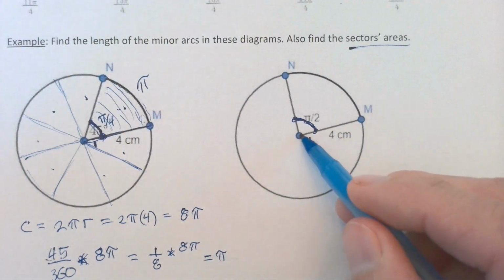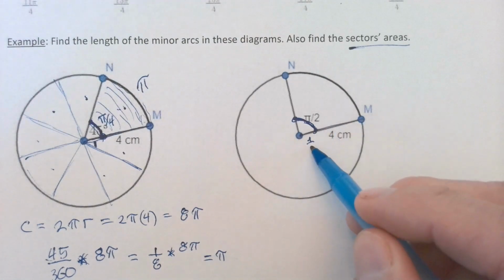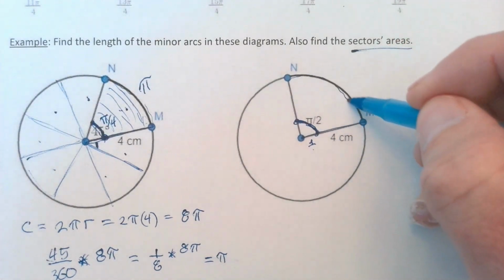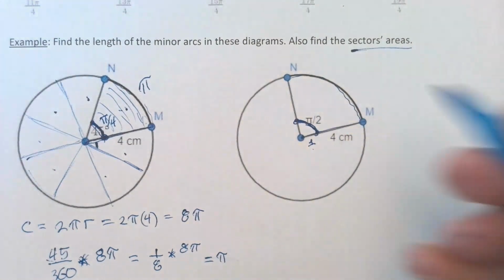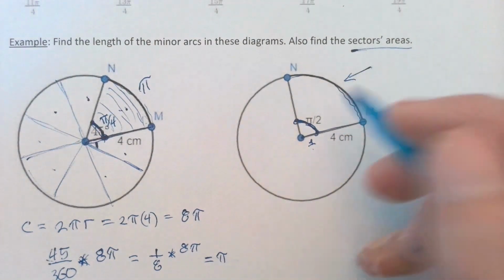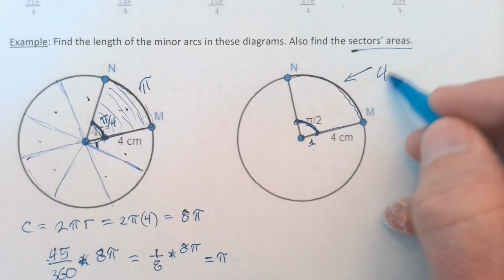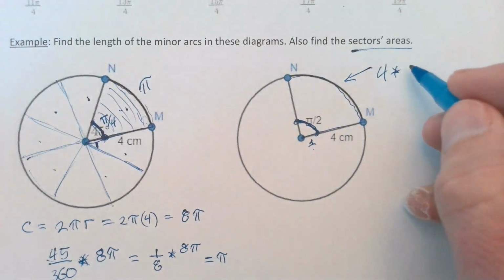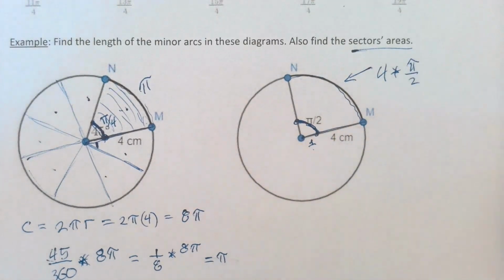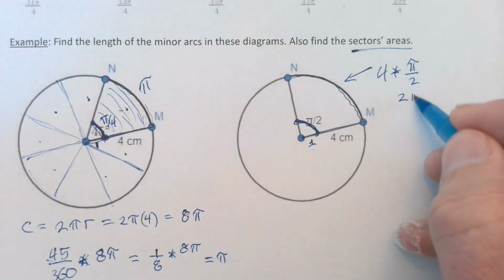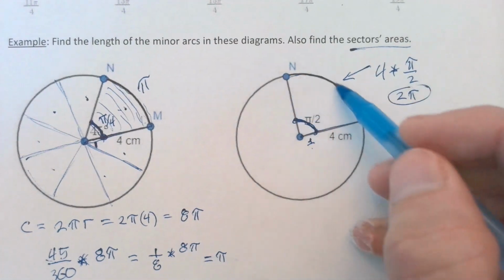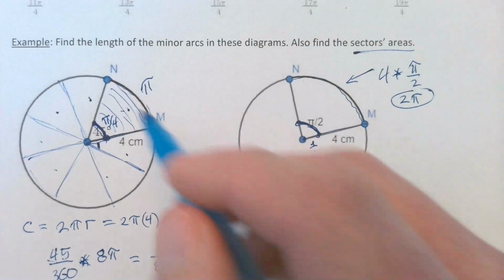Well, if the radius here is 4 times as big as that, then this arc has to be 4 times as big as that. So the easiest way to figure out that arc is to go 4 times pi over 2, which makes 2 pi. And that's how big that arc is. Notice that it's twice as big as that arc.